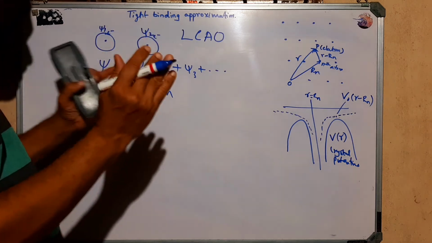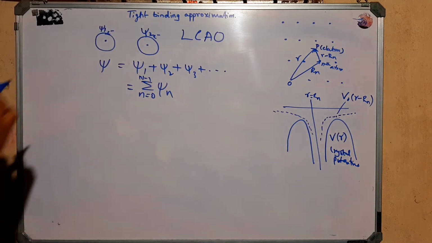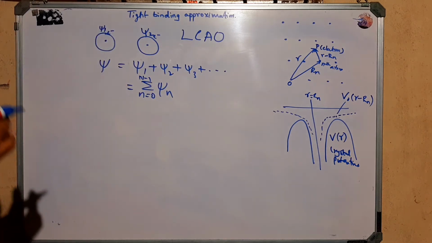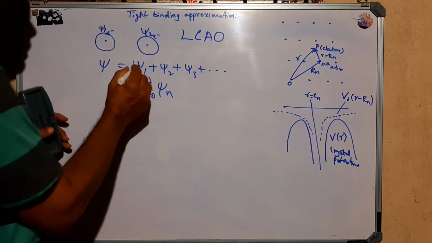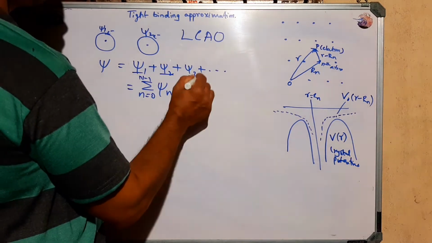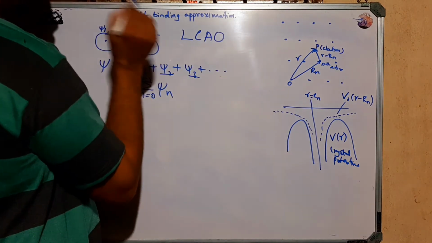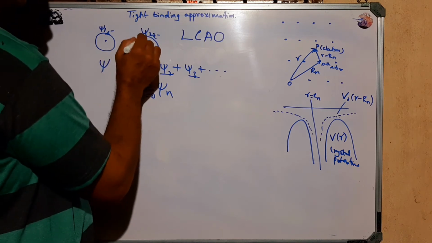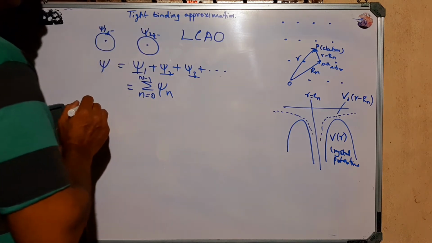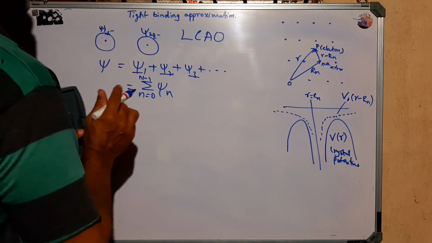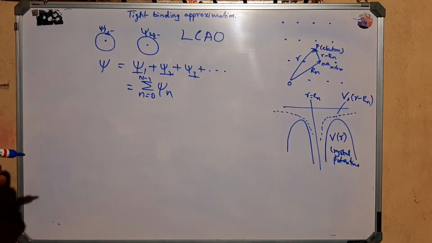So when n number of such orbiting electrons are considered, the net wave function is the linear combination of these atomic orbital wave functions of the orbiting electrons.